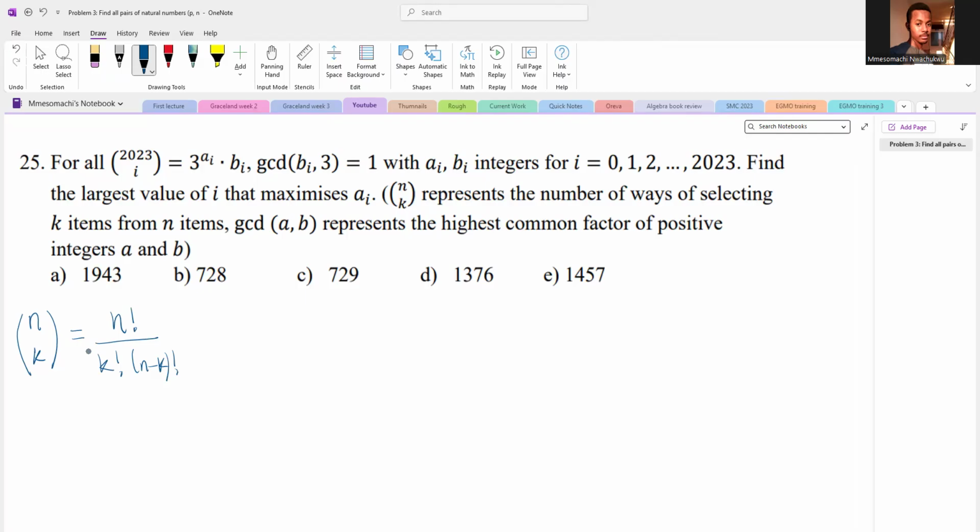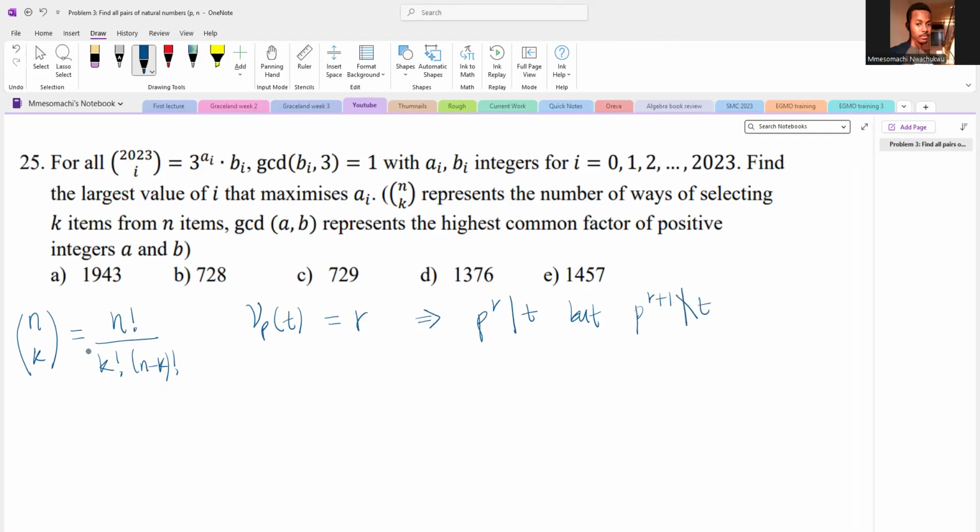Something else I'm going to talk about is the p-adic valuation. So if the p-adic valuation of a number t, where p is a prime, equals some r, we're all talking of positive integers here, this implies that p to the power of r divides t, but p to the power of r plus 1 does not divide t.